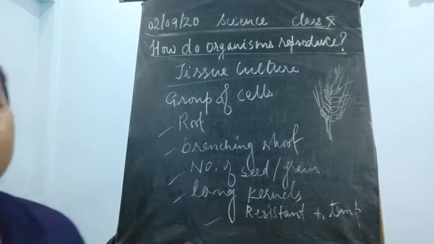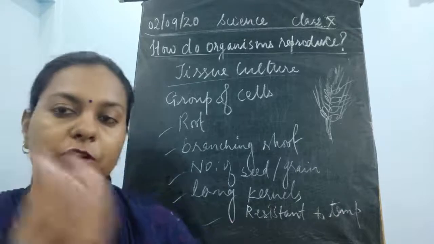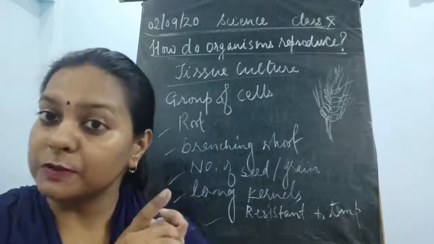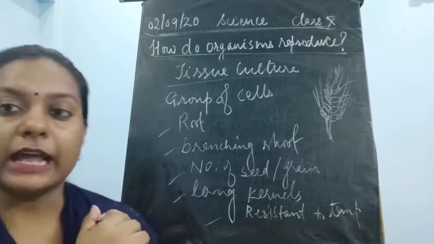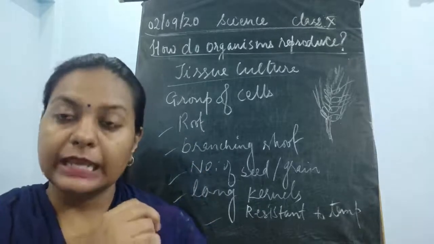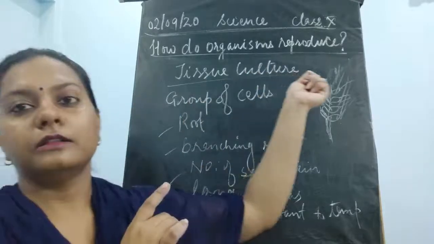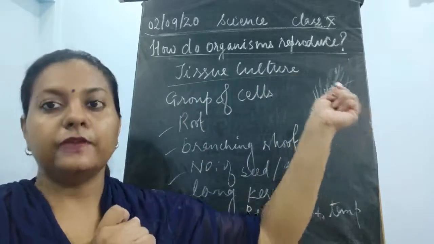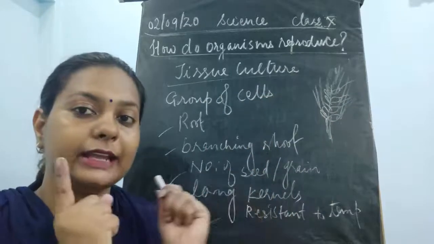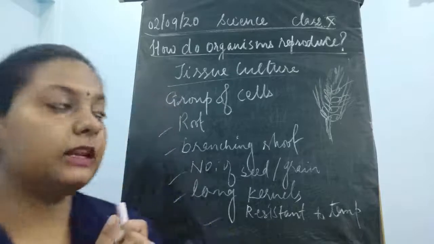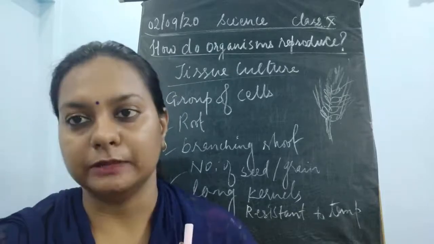We want to produce one seed which should have all these good characters. Now is this possible to combine all these good characters in one seed? Yes, this becomes possible because of the process called tissue culture. We know that each and every characteristic in a plant or in the animal is governed with the help of gene.